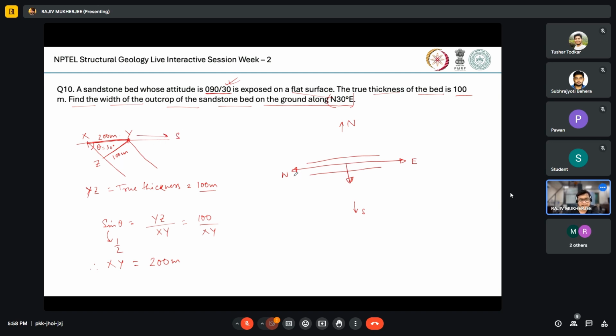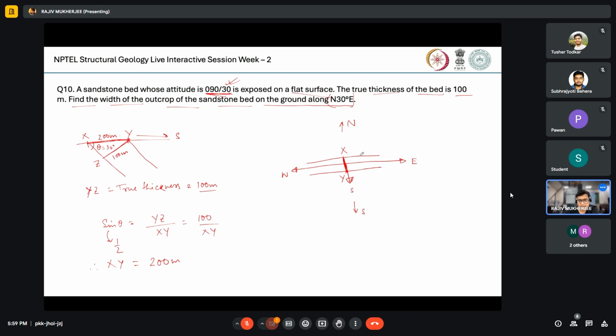That means the apparent thickness along south will be the largest. I mean, not largest, we don't know exactly, we should calculate it. But this XY is actually along south, since the bed has attitude 09030.